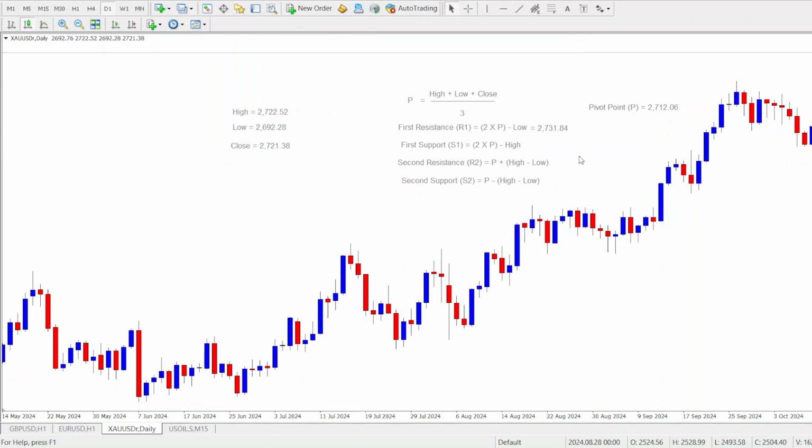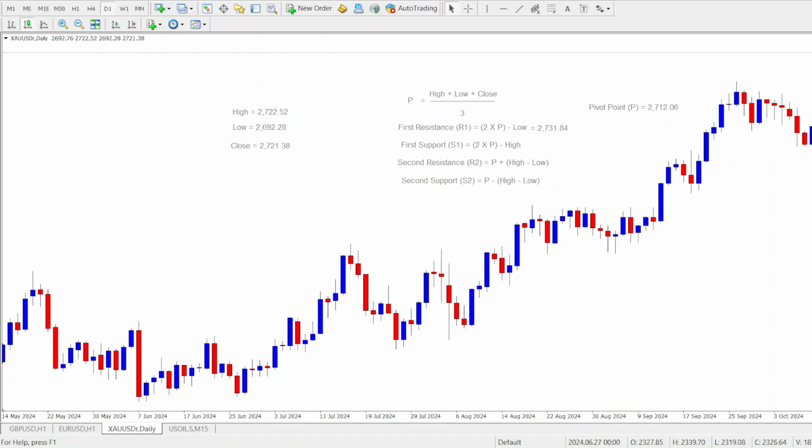Now as for our first support, our pivot point remains 2712.06. So we're just going to be having 2 multiplied by 2712.06, minus our high, which is 2722.52.